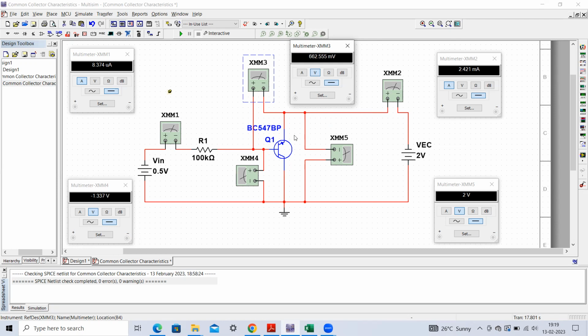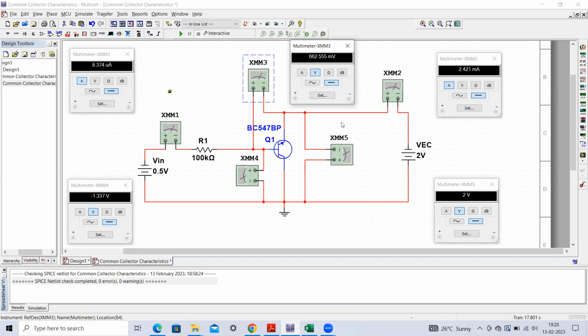Now in this configuration, because of the way we are applying the polarity, it is very important to know when this base emitter terminal is getting forward biased. Once it is forward biased, only then will you get certain base current. Otherwise, if it is not forward biased because of the applied potentials, then it will be in the turn off mode, and you won't be able to observe any significant base current or collector current. So that we have to remember, right?